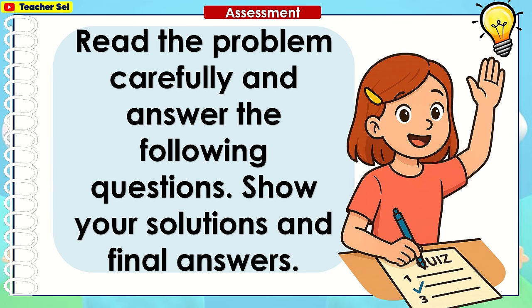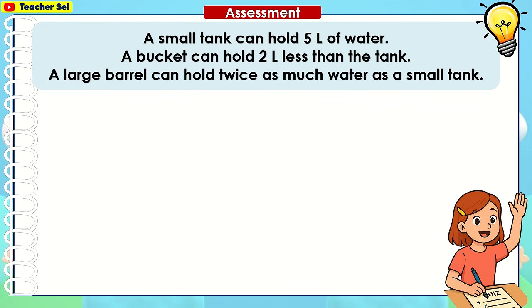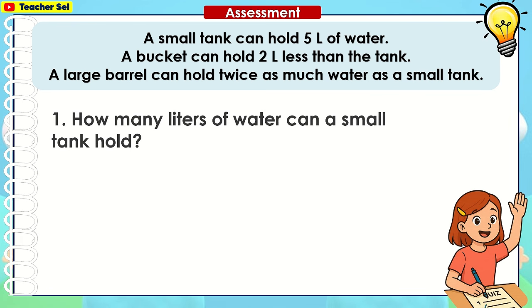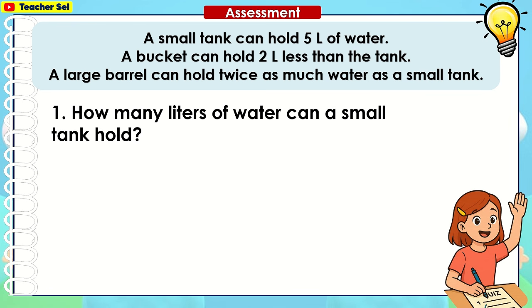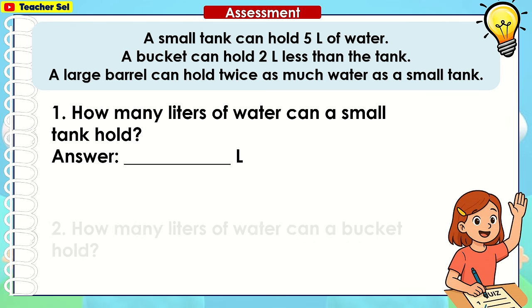Read the problem carefully and answer the following questions. Show your solutions and final answers. A small tank can hold 5 liters of water. A bucket can hold 2 liters less than the tank. A large barrel can hold twice as much water as a small tank. How many liters of water can a small tank hold?